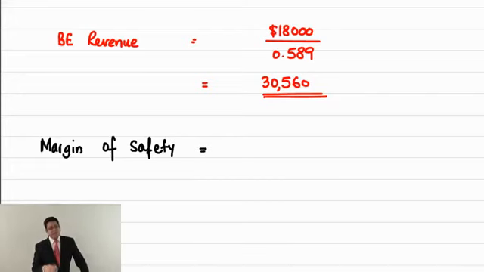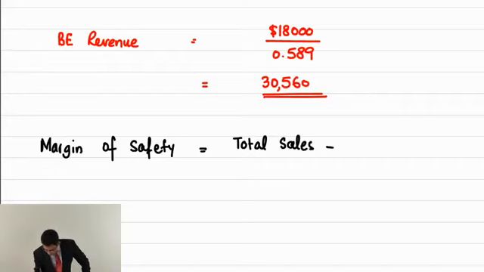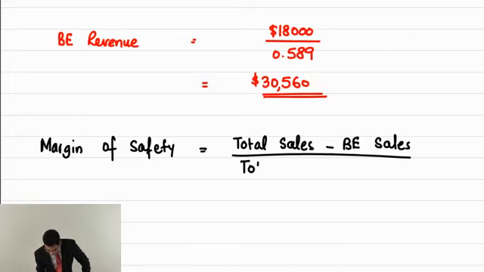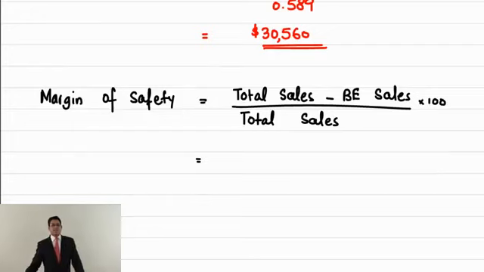Margin of safety, as remember, is total sales minus break even sales, divided by total sales again, and if you want to multiply by 100, you will get your answer expressed as a percentage. Okay, all numbers are there, you just need to insert numbers into this formula.